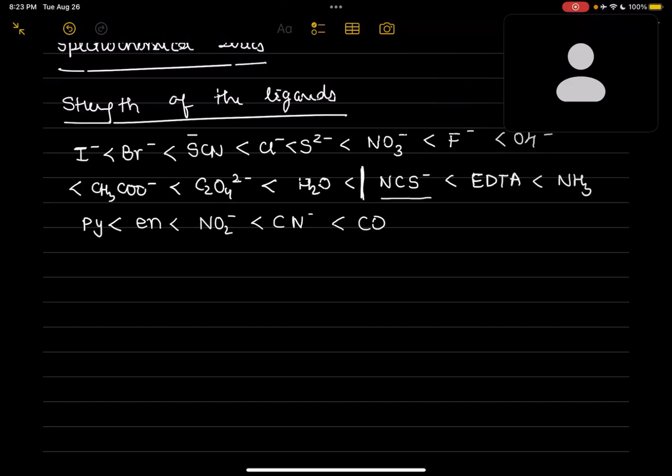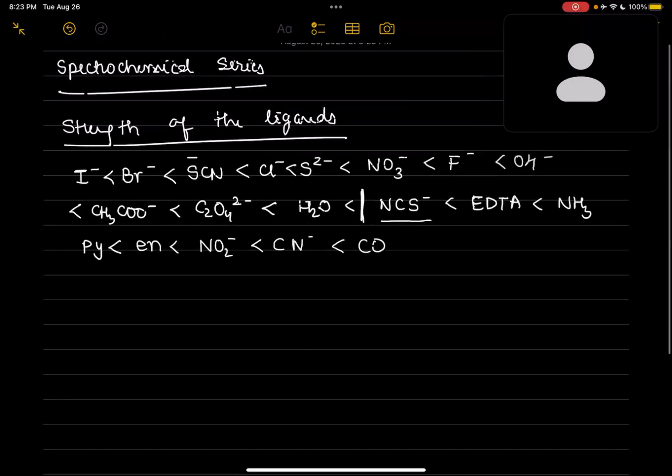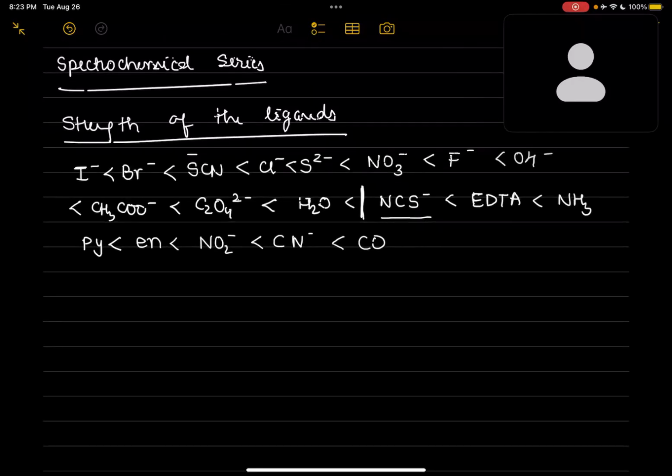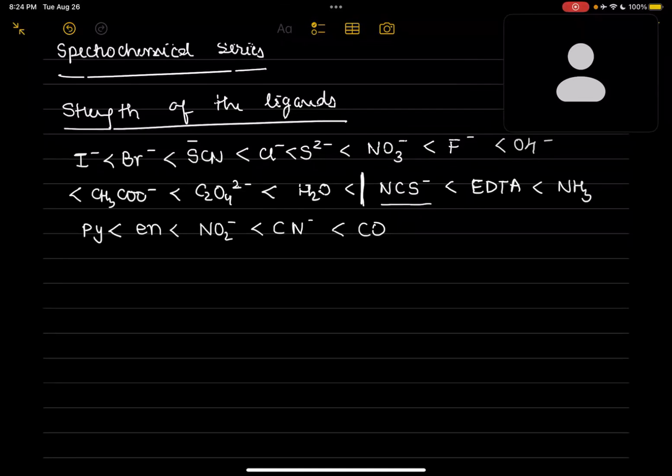So what will strong field ligands do? They will make the unpaired electrons of the metal ion pair up. Is it clear or not? Are you getting my point? Yes, sir.